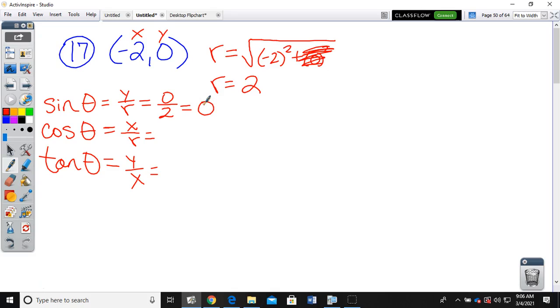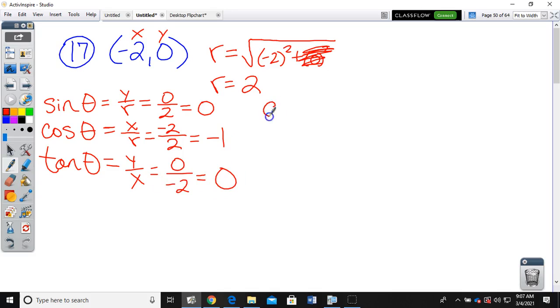What is x? Negative 2. Negative 2 divided by 2 is negative 1. Again, make sure you don't leave your answer as negative 2 over 2. Technically, that's right, but what is negative 2 over 2? It's negative 1. And then tangent, y over x, so y again is 0. X is negative 2. 0 divided by negative 2 is 0.